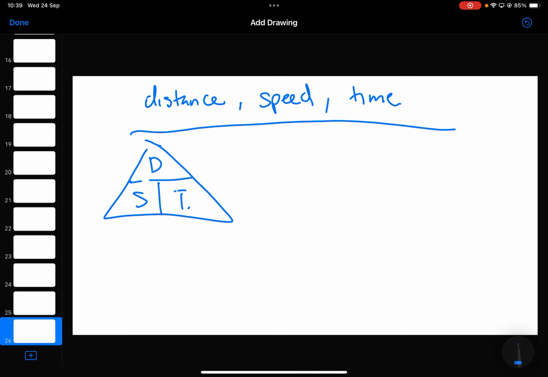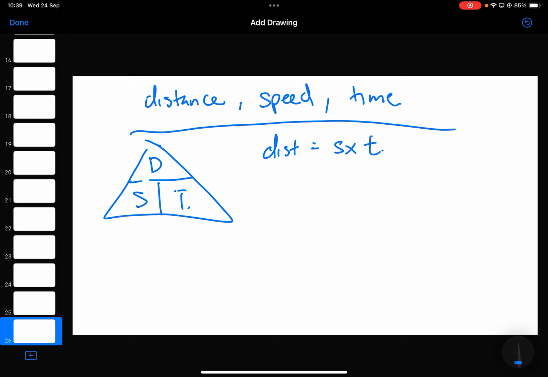From there, when I want distance, I cover distance. When I cover my distance, S and T are side by side. So distance equals side by side, so it's a multiplication.